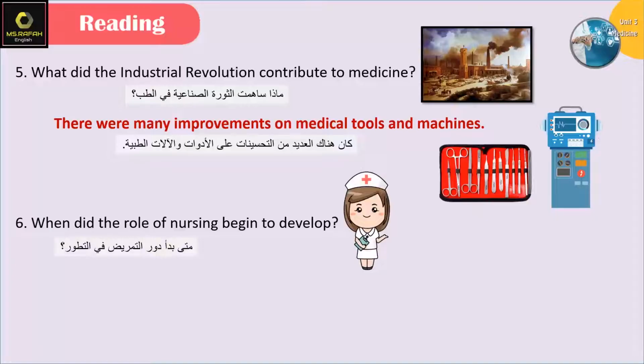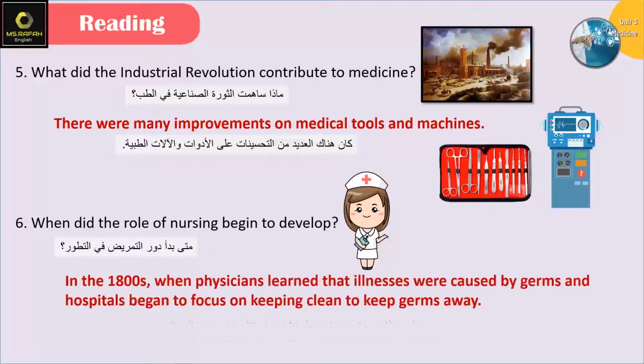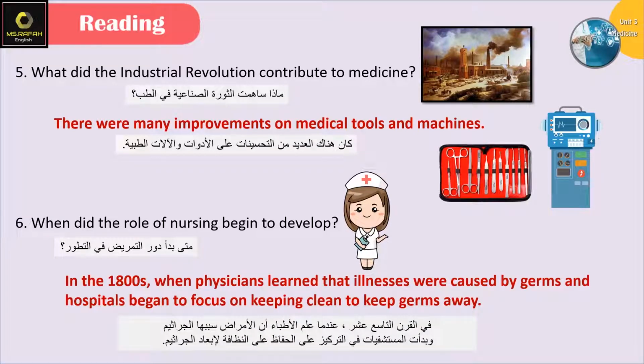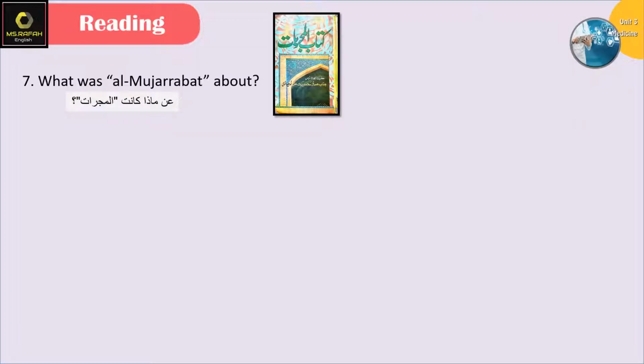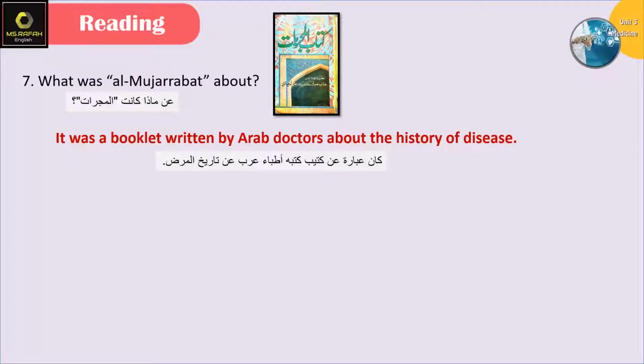When did the role of nursing begin to develop? In the 1800s, when physicians learned that illnesses were caused by germs, and hospitals began to focus on keeping clean to keep germs away. What was المجربات about? It was a booklet written by Arab doctors about the history of disease.